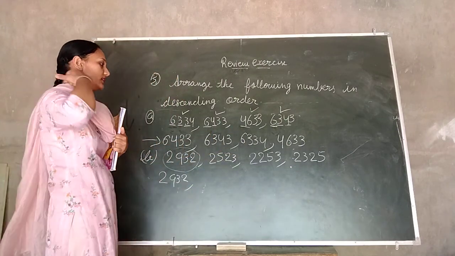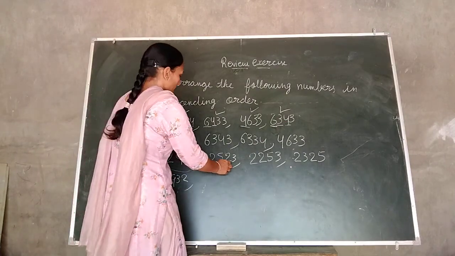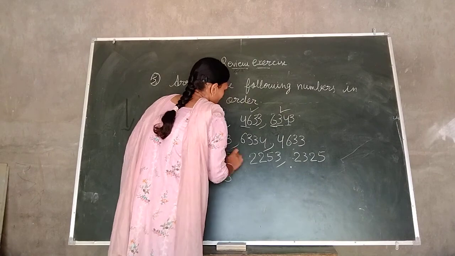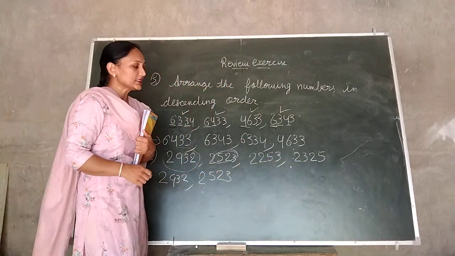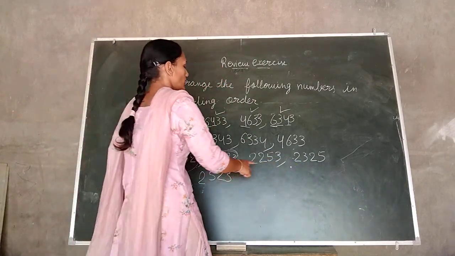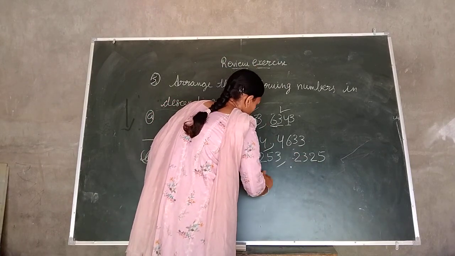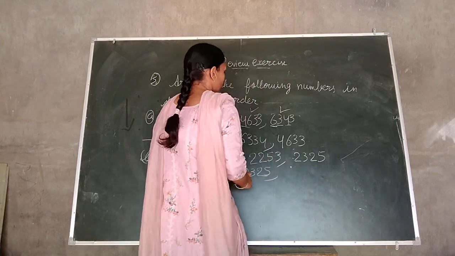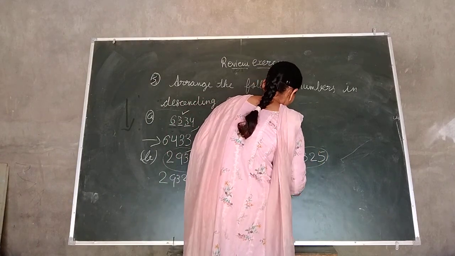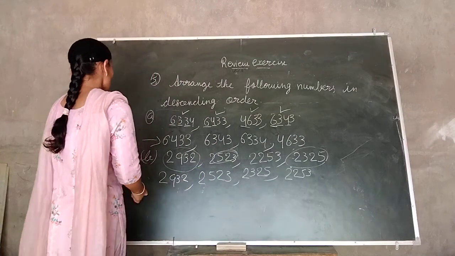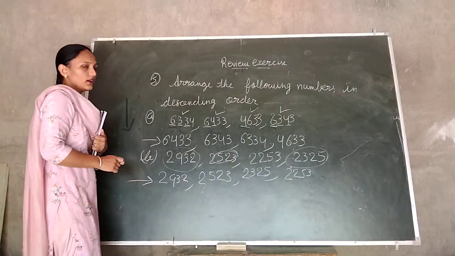Which is the greatest? 2523. Now we have two numbers. Which is the greatest? 2325. And last we have 2253. Now these numbers are in descending order.